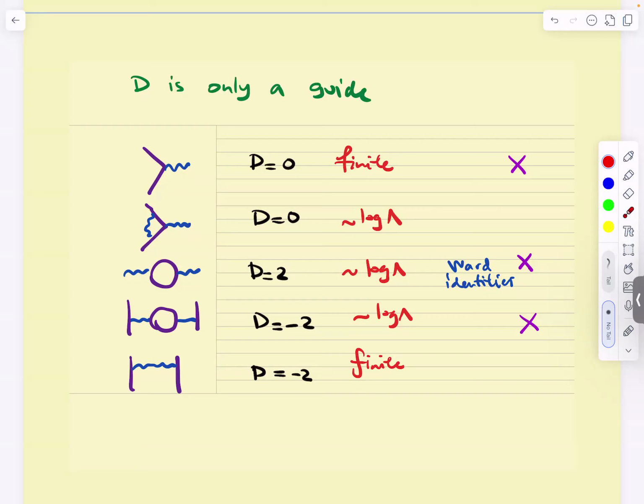Sometimes there are divergences in the diagram that are not visible in the superficial degree of divergence, and that has to do with subdiagrams that are divergent. In the remainder of this lecture, we're going to ignore these complexities and just talk about superficial degree of divergence in other space-time dimensions and other theories, because we're going to see some further structure that underlies the Feynman diagrams. Are there any questions?